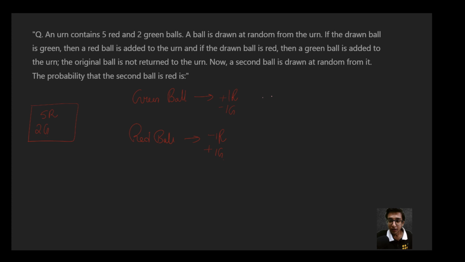So now again we can do this by drawing 2 different boxes. Let's say this is my box, this is my second box, and this is my first draw. In my first draw, let's say I choose a green ball, or in my first draw I choose a red ball.